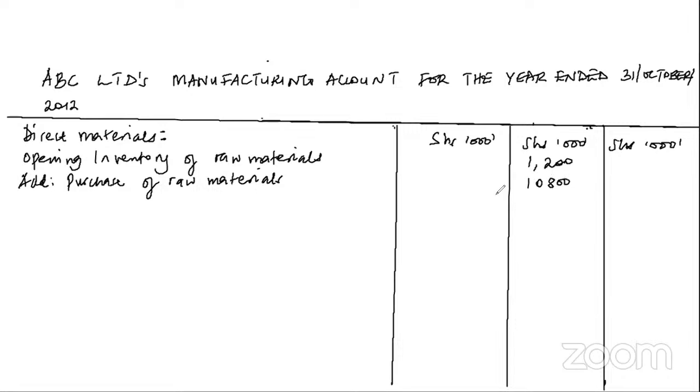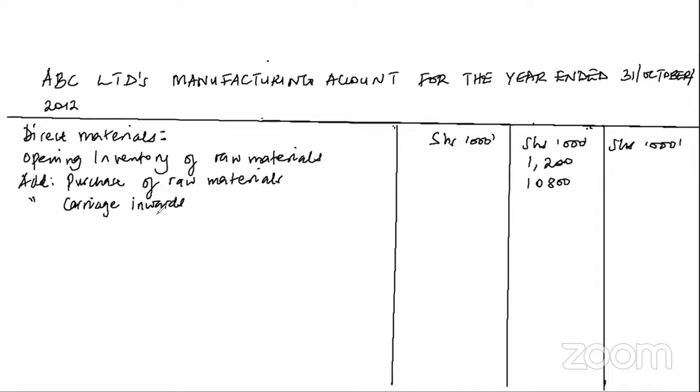Then still, when you look at the question, you have the carriage inwards. Carriage inwards are transport costs incurred when transporting these raw materials, maybe from the suppliers to our business warehouses. So these are costs incurred on the purchase of raw materials.